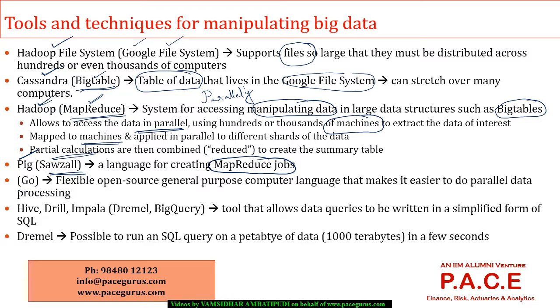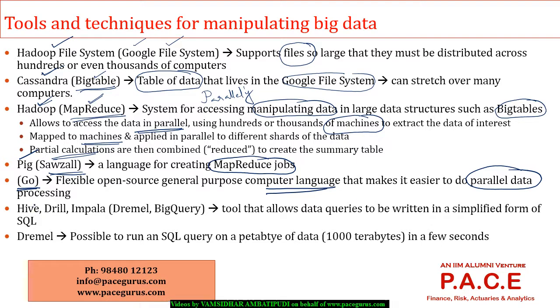Similarly, Google had one more tool called Go, but this can be used even with Hadoop frameworks as well. It's a general-purpose computer language, especially for doing parallel data processing. Go is a language which really facilitates programming for parallel data processing.